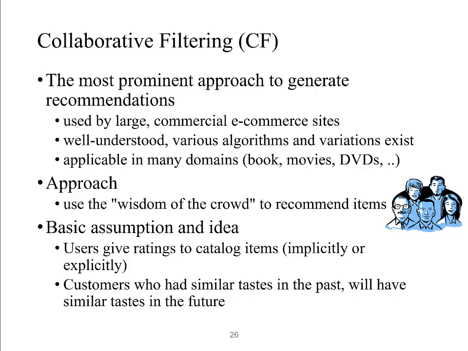And customers who had similar tastes in the past will have similar tastes in the future. So the tastes of the users will remain the same and will not change drastically. These are the basic assumptions of collaborative filtering.